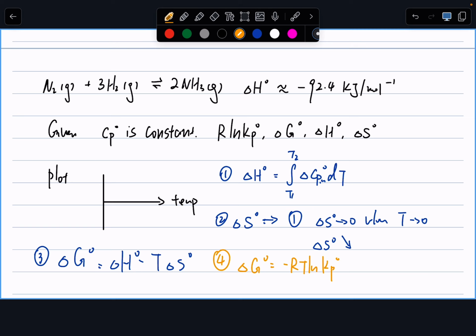When my delta G naught equals 0, my ln Kp naught must also equal 0. And also, what else do we know? We know that when delta G naught increases, my ln Kp naught would decrease because of the negative sign. So what that gives us is a decrease.